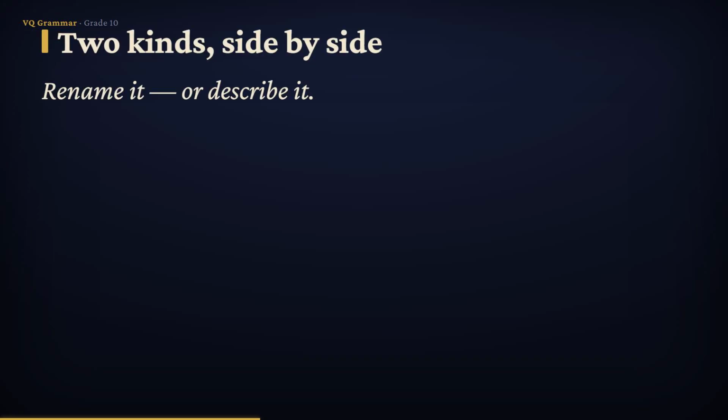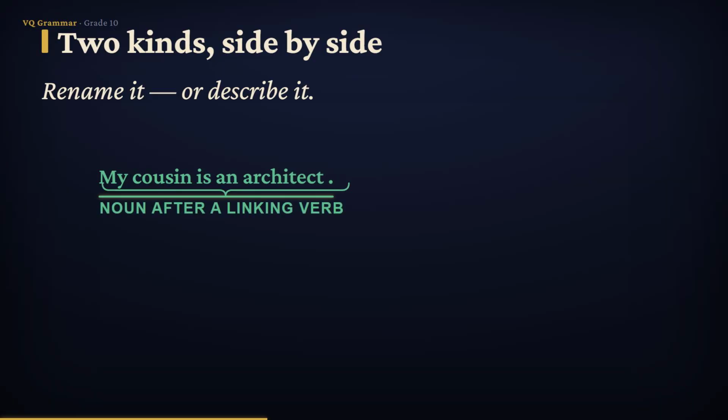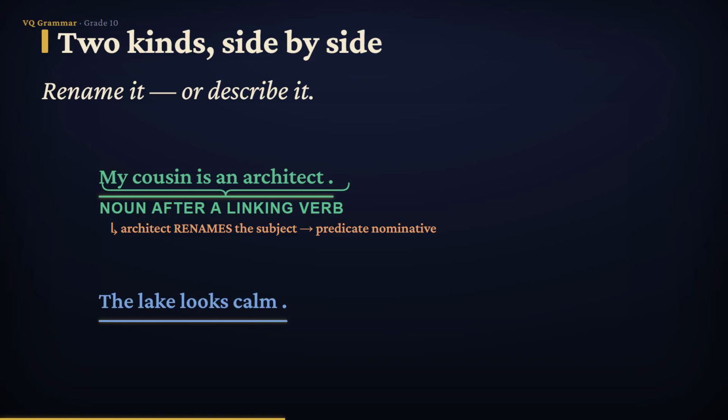Let's set the two of them side by side. My cousin is an architect. The verb is a linking verb. No action anywhere in that sentence. And what sits on the far side of it? Architect, which is a noun. It renames my cousin, so it is a predicate nominative. Now the second. The lake looks calm.